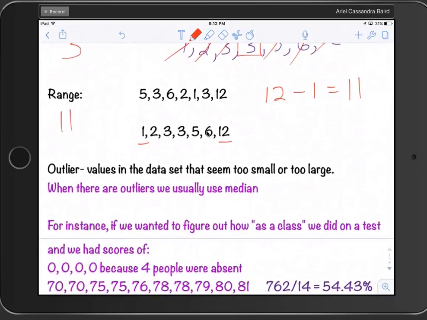Okay. Our outliers are values in the data set that seem too small or too large. When there are outliers, we usually use the median for a more accurate average.